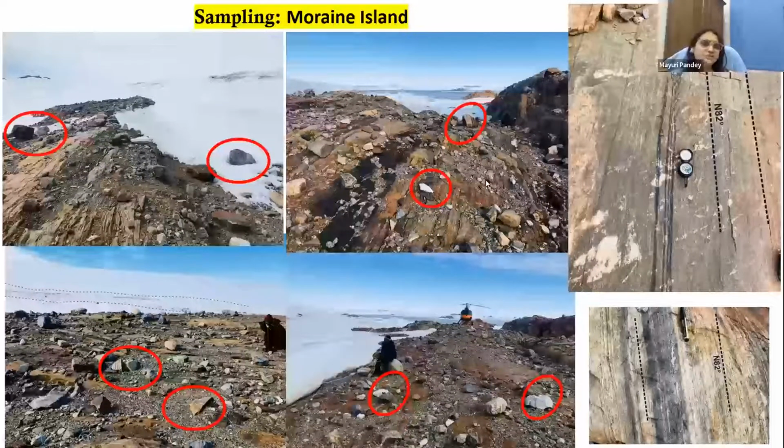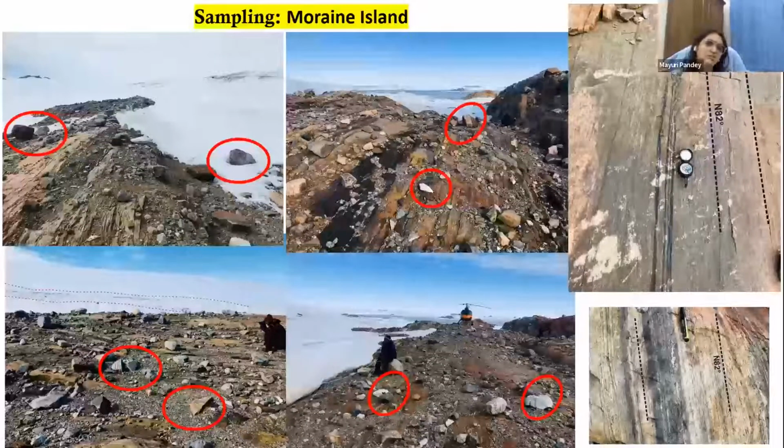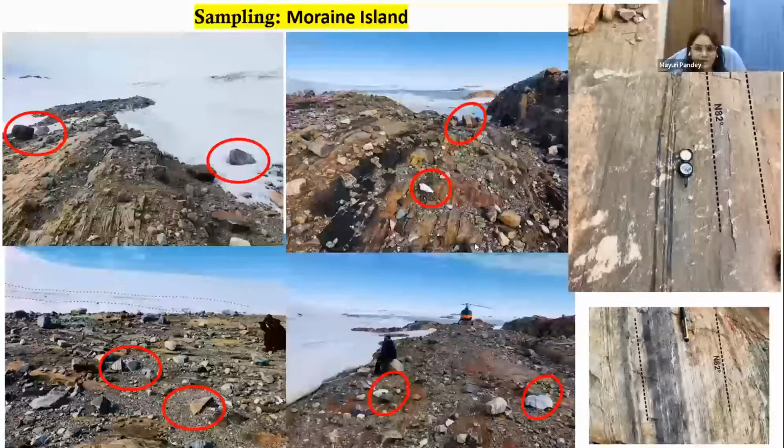If you see the textural features, most of the grains in the boulders are angular in shape. Okay, I'll tell you the significance of this. If you see here also, they are extremely angular and do not have any significant shape. And on the surface of the exposed rock, we see glacial slickensides present on the surface of the exposed area in the Moraine Island part.